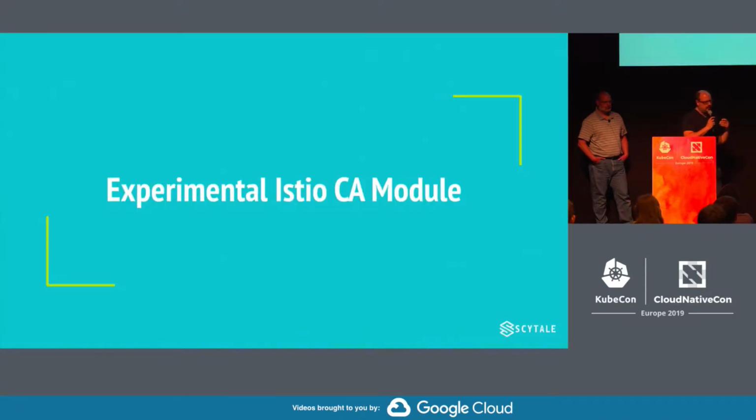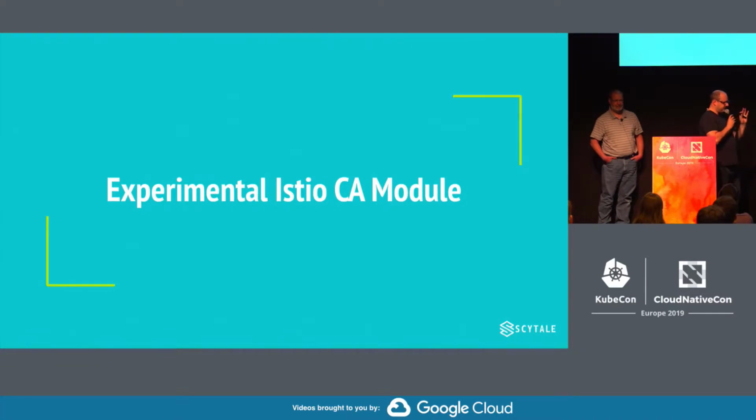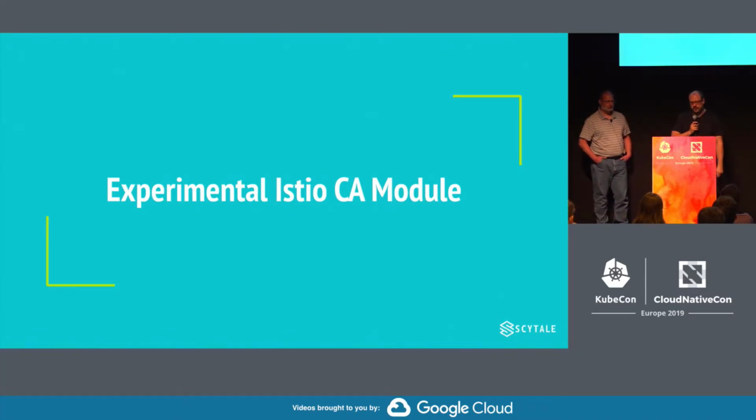So another thing I want to talk about is an Istio Citadel plugin that we have right now in review. It hasn't been merged in, but it's an experimental CA module. What we really wanted to do with Istio is have SPIRE be a CA plugin into Citadel.